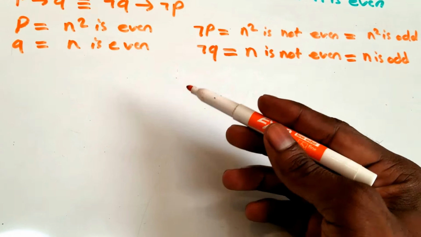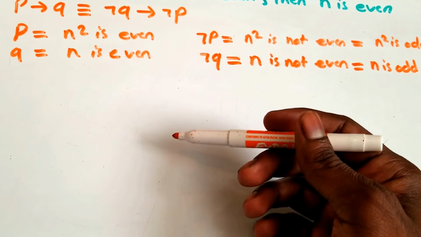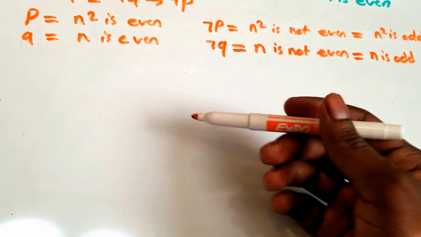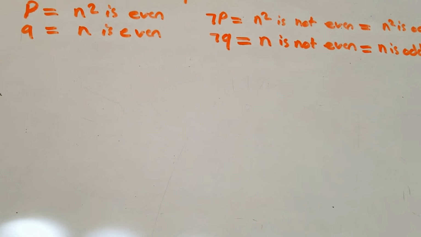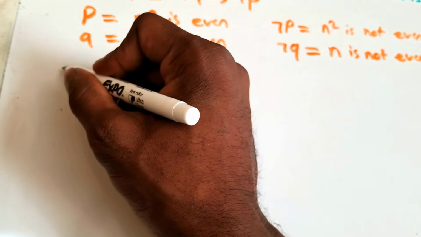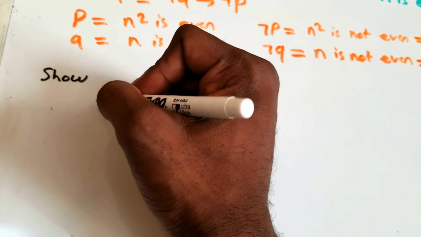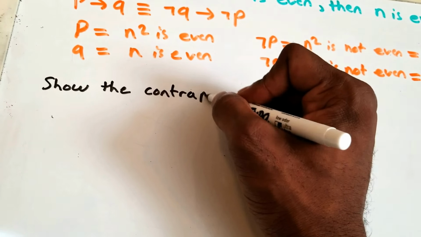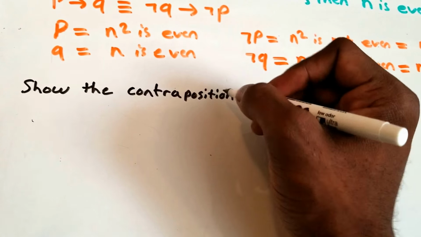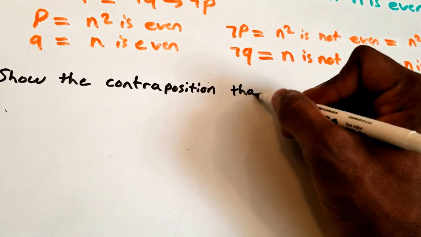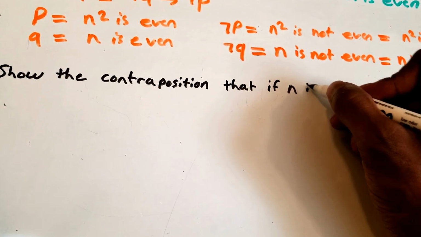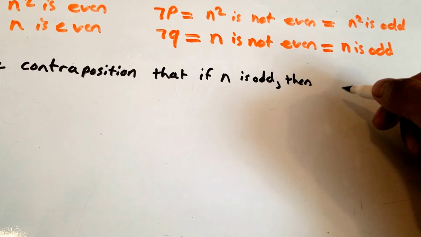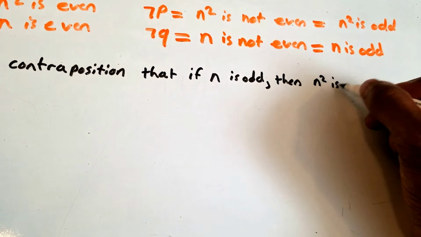All right. So let's consider the contraposition of this statement. We want to show that if n is odd, then n squared is odd. To do this proof here, we want to show the contraposition that if n is odd, then n squared is odd.